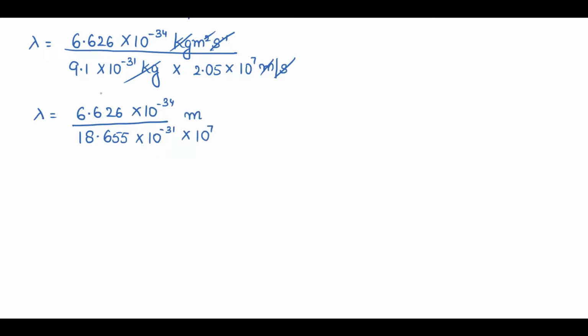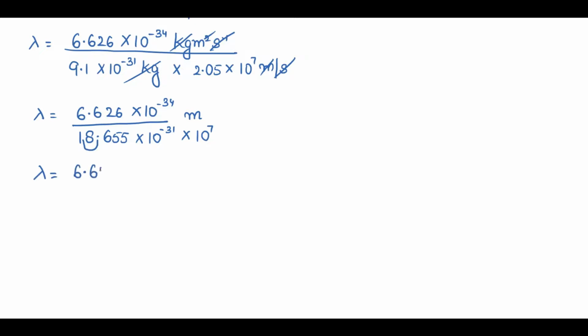If you see, the value in the numerator, that is 6.626, is less than 18.655. To make the calculations easy, I'll simply make this value less than 6.626. For this, I'll simply displace this decimal by 1 digit from right to left. In that case, power will be positive.